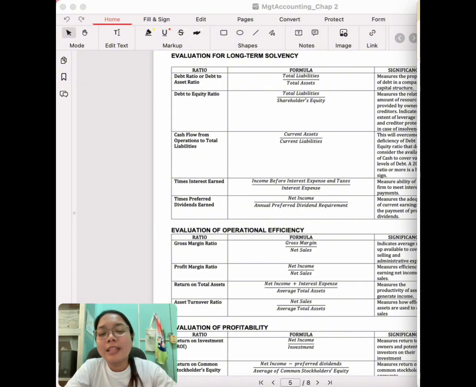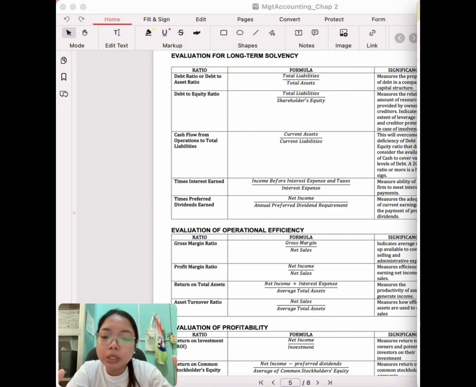Okay? Then we have debt to equity ratio. Ang formula naman natin dyan for debt to equity ratio is total liabilities divided by our shareholders' equity. So, this ratio compares resources provided by creditors with resources provided by owners. So, this also tells us about the company's financial leverage. In simple terms, ito yung sinasagot ng ratio na to.